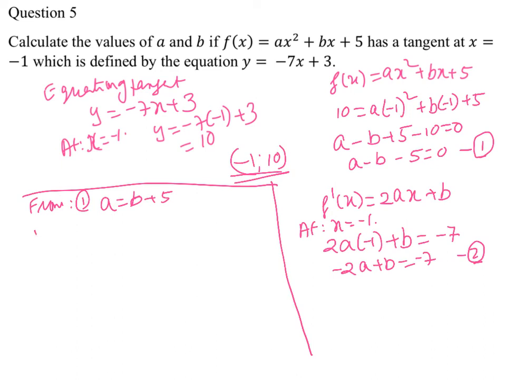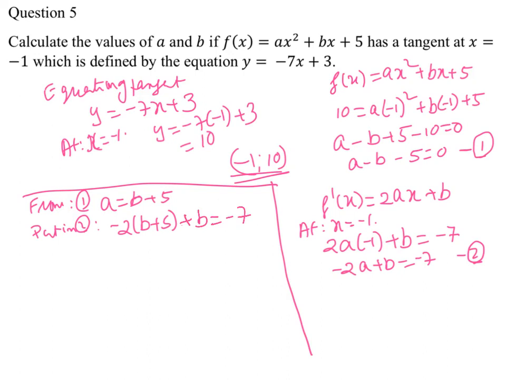And I put it in 2. That is -2 times (b plus 5) plus b is equal to -7.